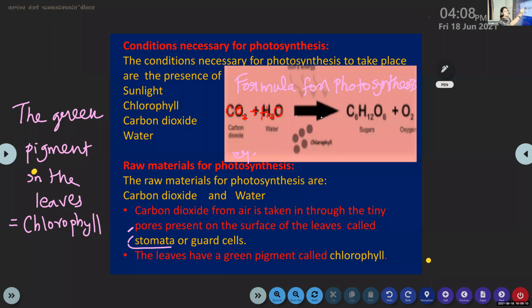And you write whatever you have learned now. Glucose. Locally, we call glucose sugar. Correct? Usually glucose, we call it sugar. Plus O2. O2 means oxygen.